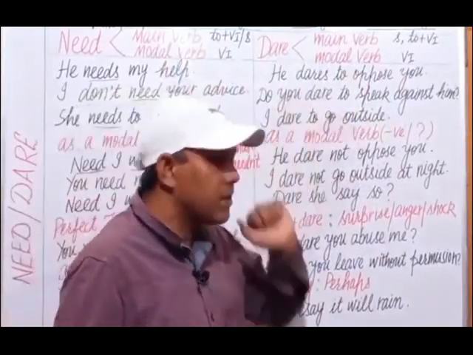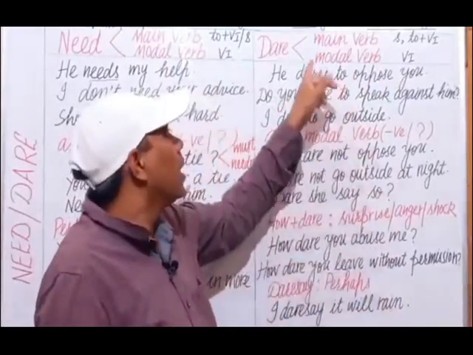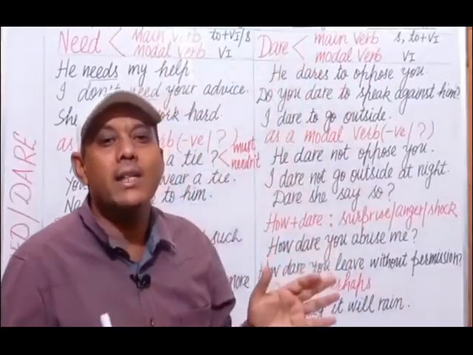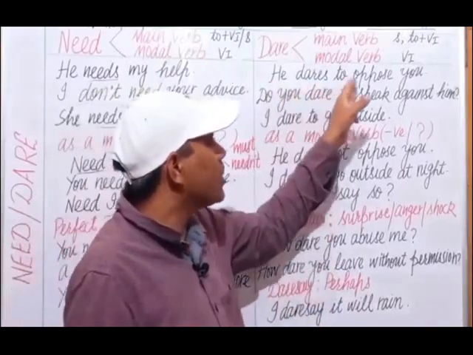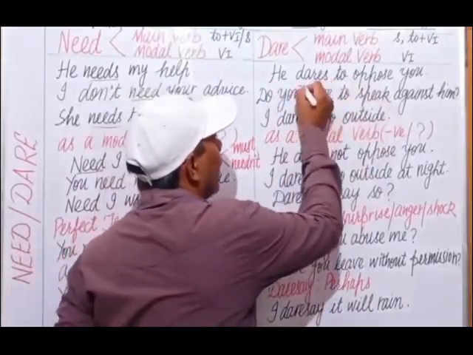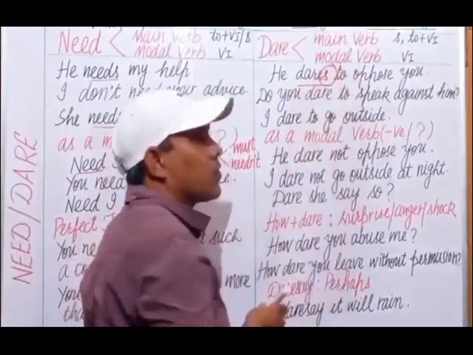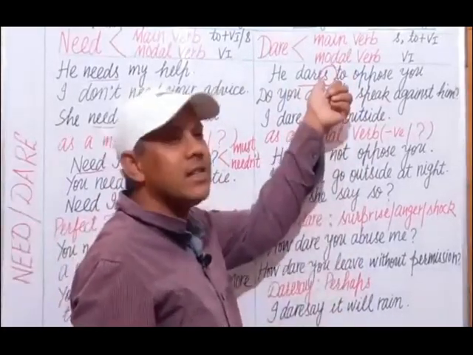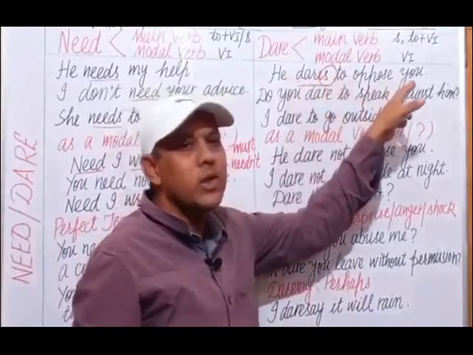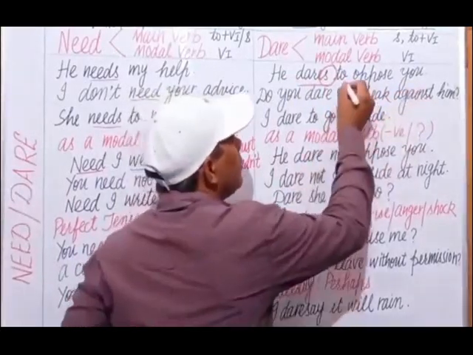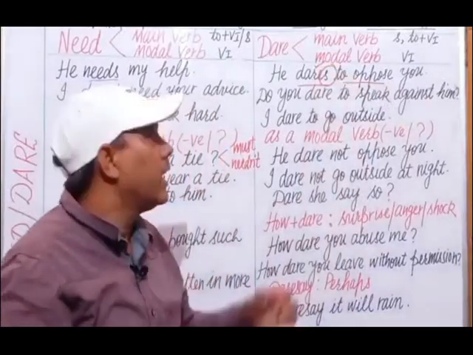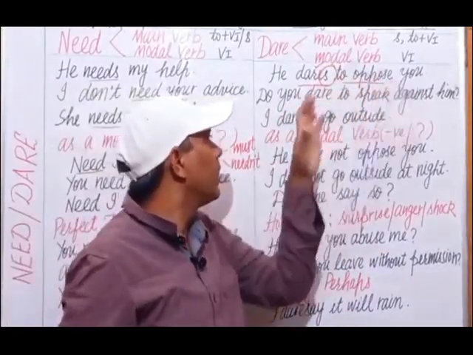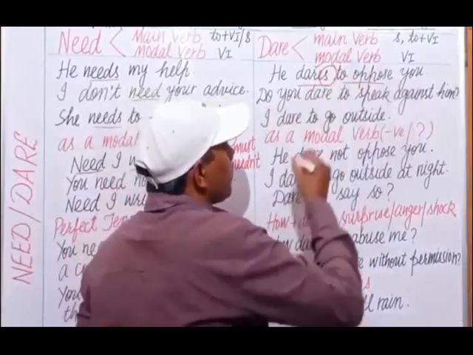Now let us take some examples in which dare is used as an ordinary verb. He dares to oppose you. Dares. Here s has been used, means simple present tense. This is to infinitive and this is acting as a main verb. Do you dare to speak?